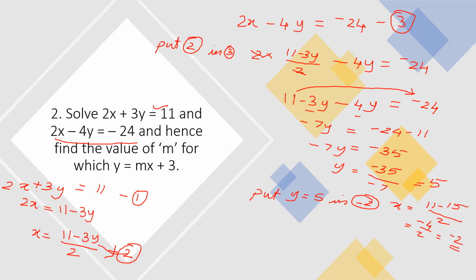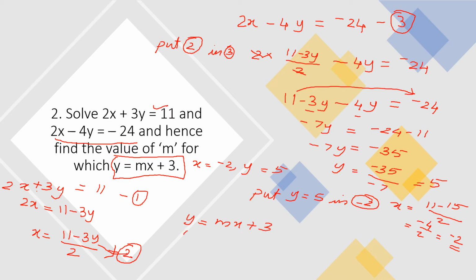So from these two equations we are getting x equal to minus 2, comma, y equal to 5. Now we have to substitute that x and y in this equation, y equal to mx plus 3. Okay, so we'll start. y is equal to mx plus 3.